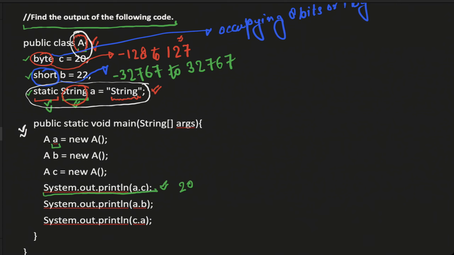And if I want to see the second object, that is B, with the help of it we are printing System.out.println a.b. A is the same object which we are using again here, accessing the value of B, that is 22.